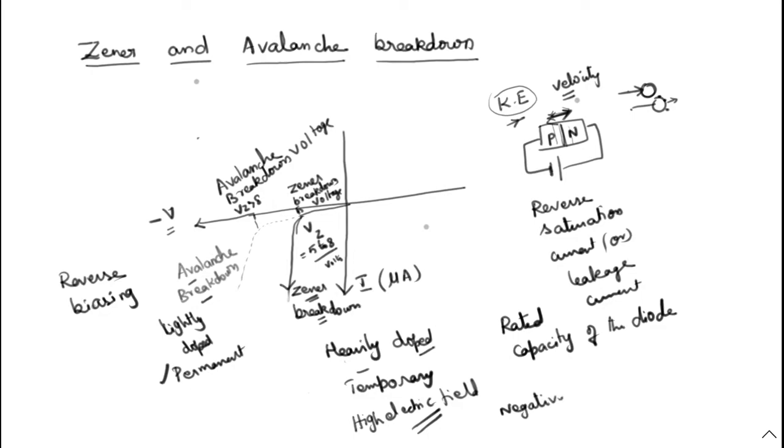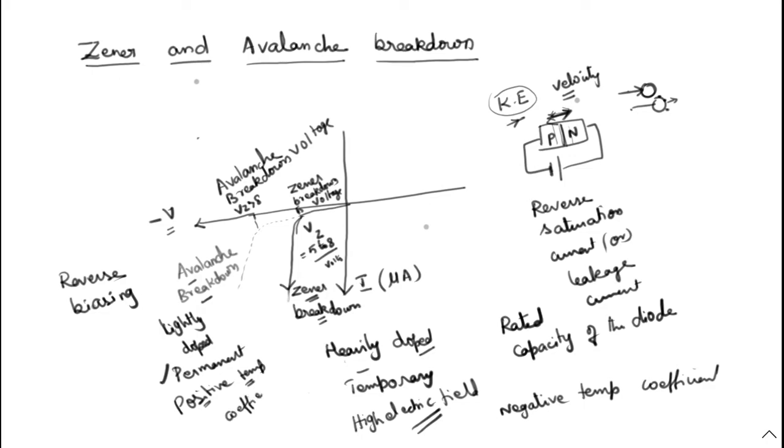For avalanche breakdown, if you increase the temperature, the breakdown voltage also increases. So it is a positive temperature coefficient.